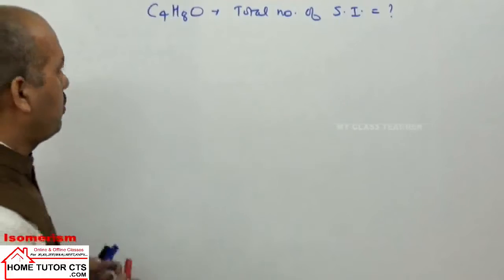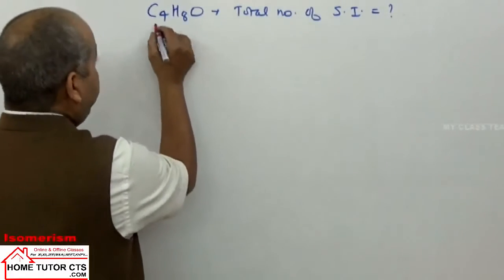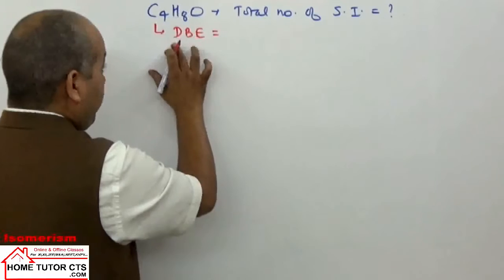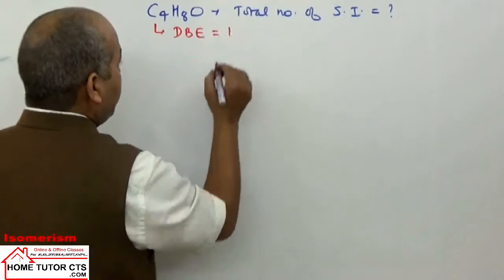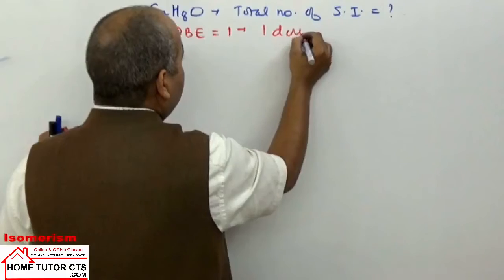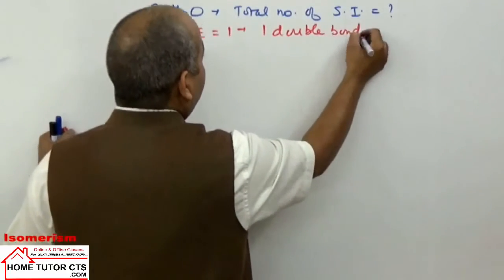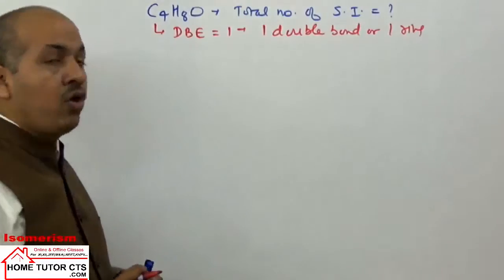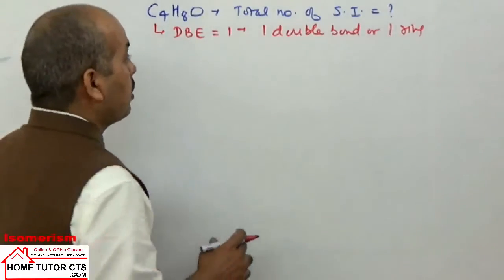Now coming on solution part. First in the compound we find value of double bond equivalent and degree of unsaturation. How much will it be? 1. What is the meaning of 1? Compound can have either one double bond or one ring. So let us think on all possibilities.